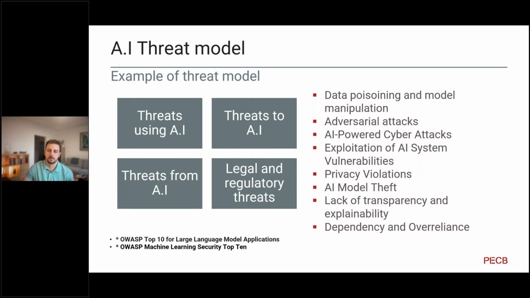This can be done by injecting malicious data into the training set, which is the act of data poisoning, or by directly tampering with the model. In this case, we talk about model manipulation. And this attack can lead to wrong decision making, misclassification, and it will have some very large and important impact.